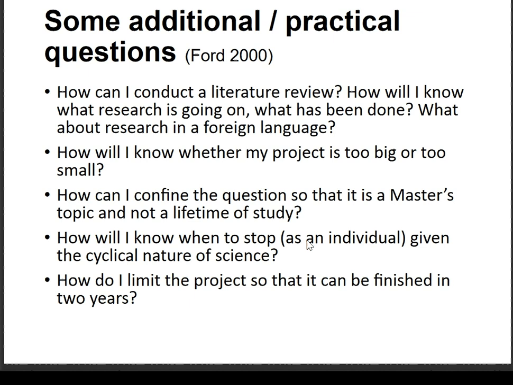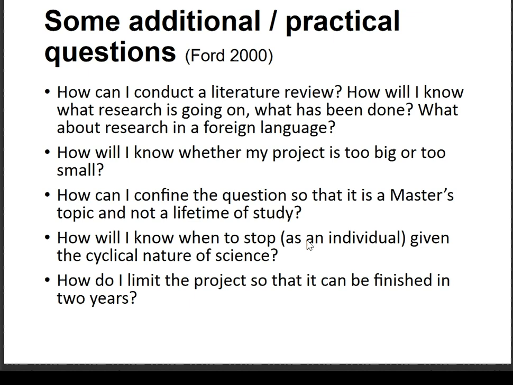How can I confine the question so it is a master's topic and not a lifetime of study? Again, the secret is there in how long it's going to take for you to do the sampling. If you are interested in changes over time, you may be constrained in that you need to take years to do this particular study.